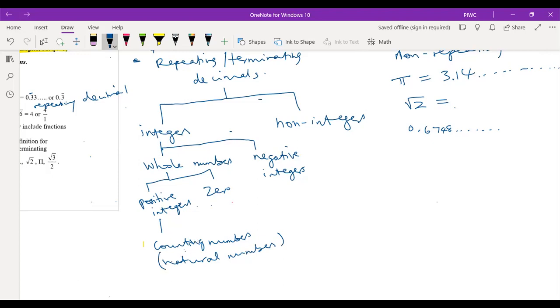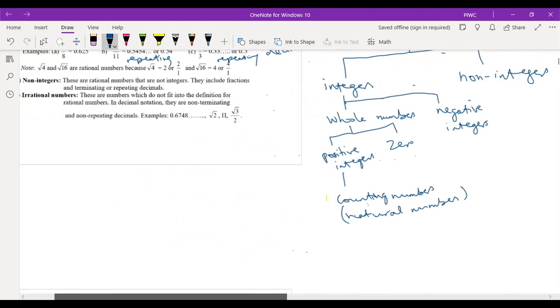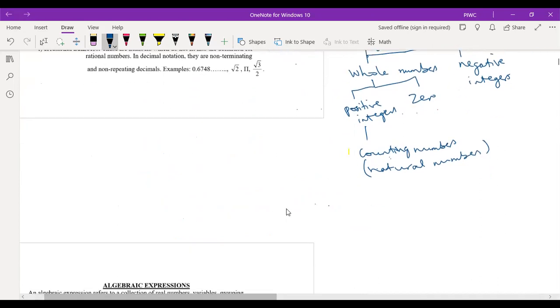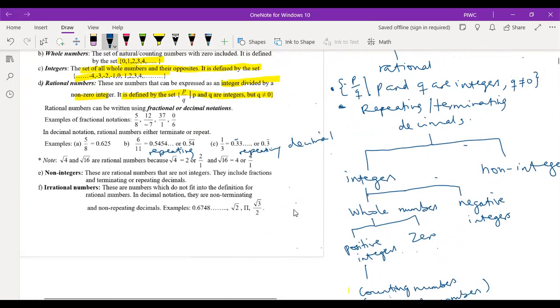Okay. So that's the classification of real numbers. So the next time you're given numbers, you should be able to identify them as real numbers, irrational numbers, rational numbers, integers, and so on. I think I forgot to tell you what the non-integers are.